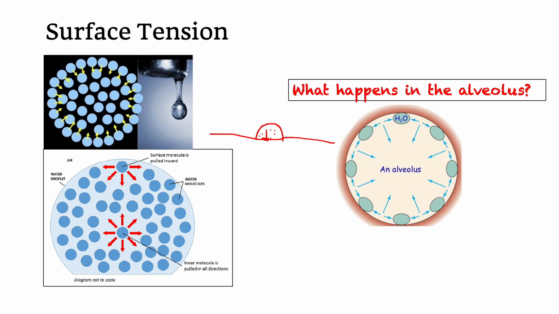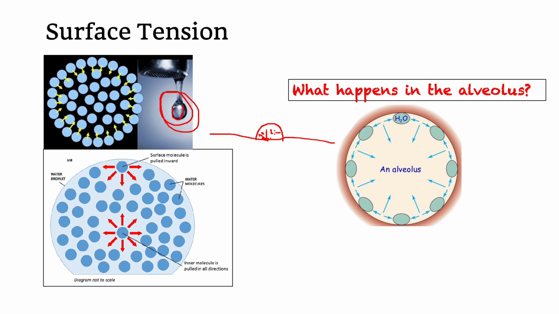So if all the molecules at the surface are pulled inward, like in the picture here, the water forms one nice drop because at the surface all the water molecules bind to each other. That is water surface tension.